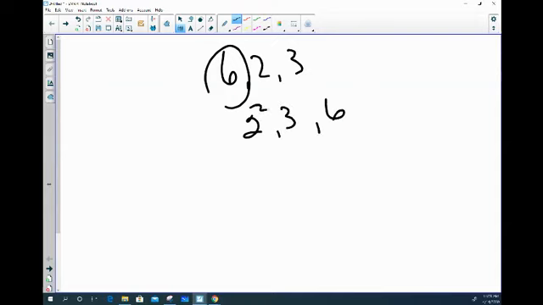So I'm going to square 2, square 3, and then square 6. 2 squared plus 3 squared equals 6 squared. 2 times 2 is 4, 3 times 3 is 9, and 6 times 6 is 36. No, it's not a right triangle. So let's try another one.